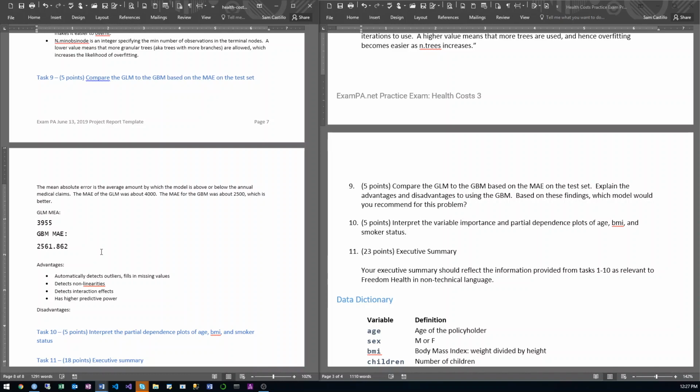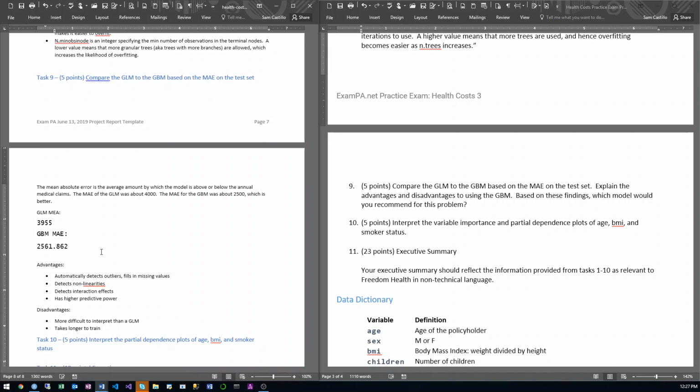Some of the disadvantages are it's difficult to interpret, takes longer to train. So it's more difficult to interpret than a GLM.